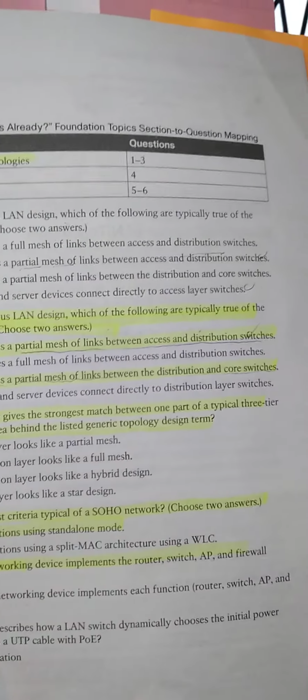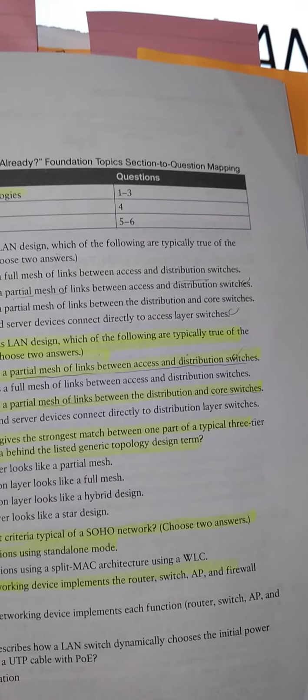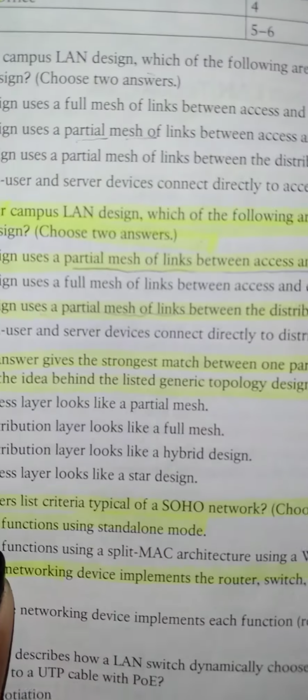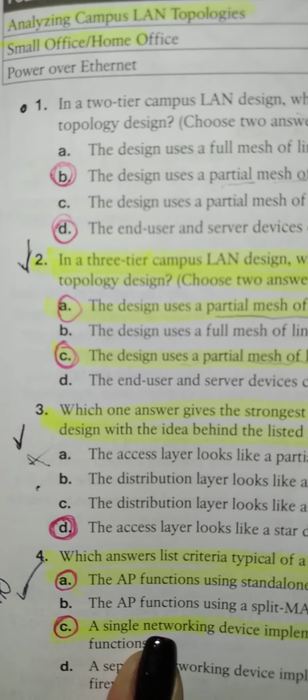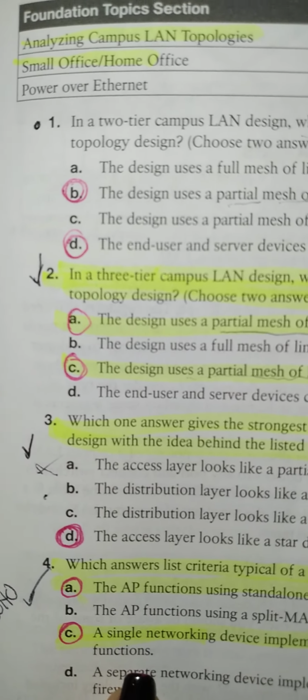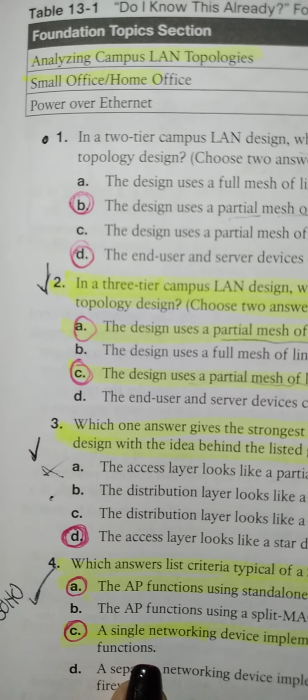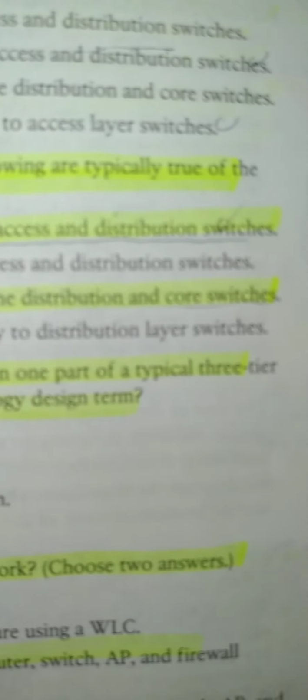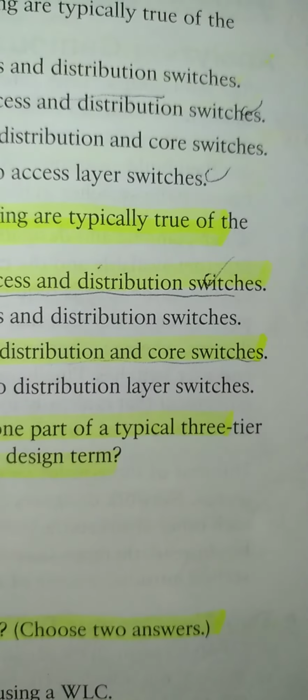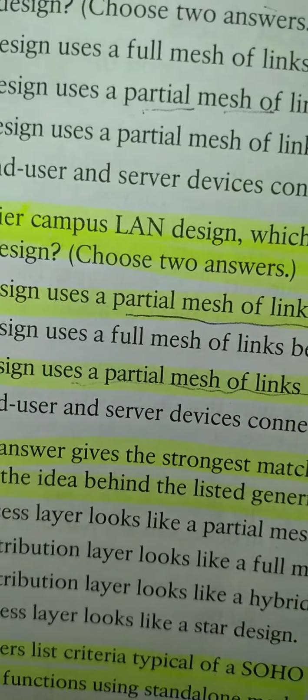Choose 2 answers. The answer is A, the AP functions using standard mode, and C, a single networking device implements the router, switch, AP, and firewall functions, which is what we just read.